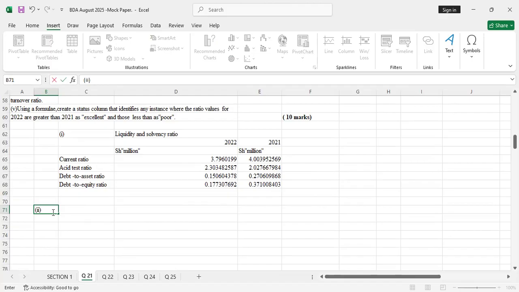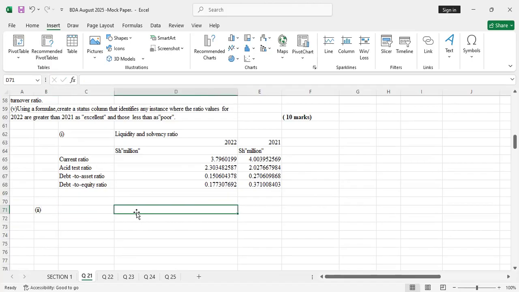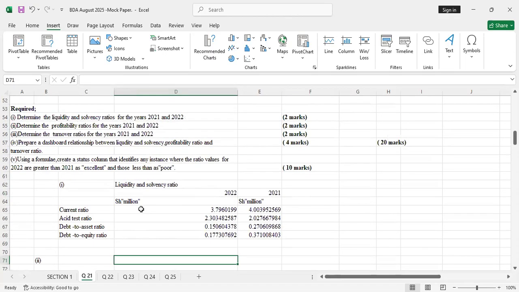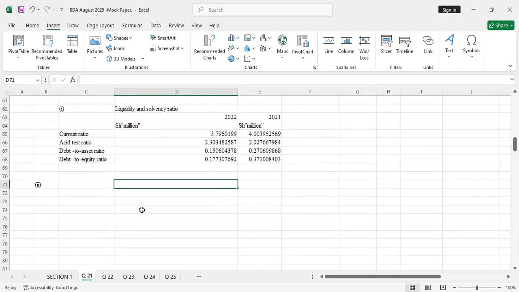So we'll have a Roman 2, and the same thing we'll do. The question says we determine the profitability ratios for the year ended 2021 and 2022, the same. So here we just write profitability ratios.